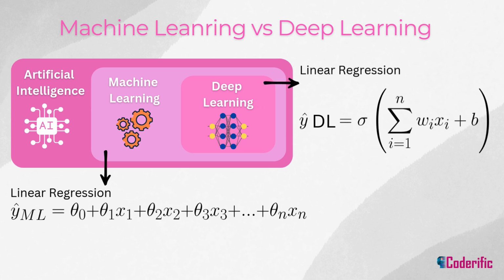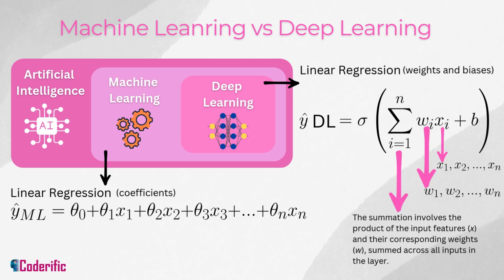Now, let's have a look at the deep learning model, how we would perform a linear regression. In deep learning, we use a more complex model, typically a neural network. And here, the equation might look like this, where y hat dl represents the predicted square footage. x1, x2 up to xn are the input features just like in machine learning. w1, w2, wn are the weights connecting the input features to the neurons in the hidden layers.